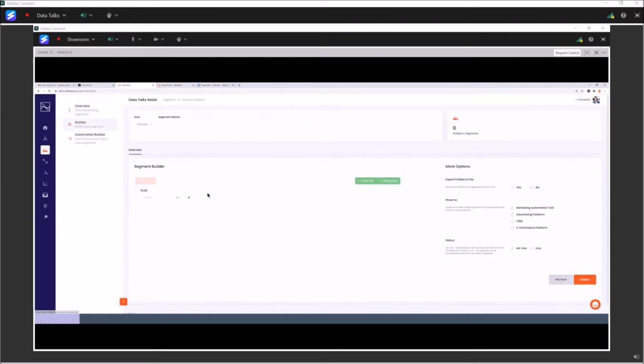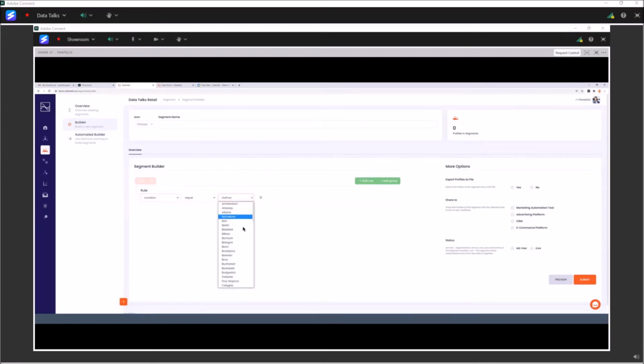How we do that is that we use the segment builder. This is a nice segmentation and audience builder. It's basically SQL, but without writing any SQL. That is what makes it very user-friendly, and it can be used by non-tech people.